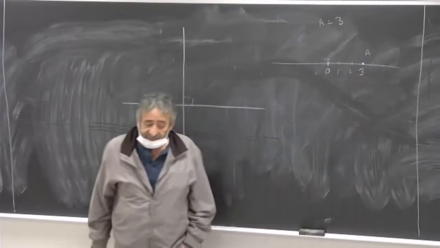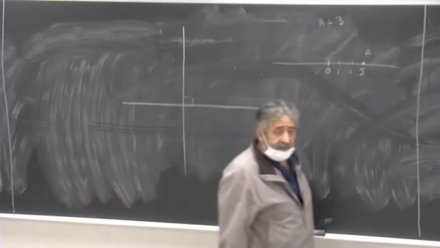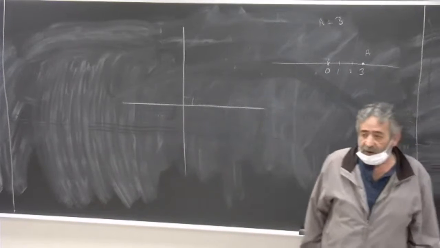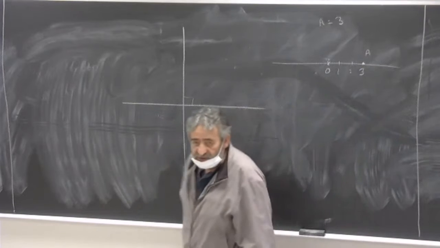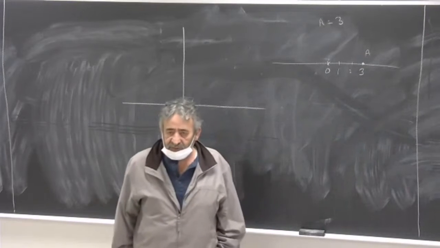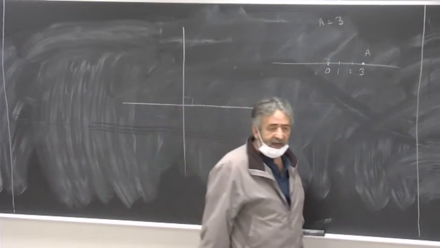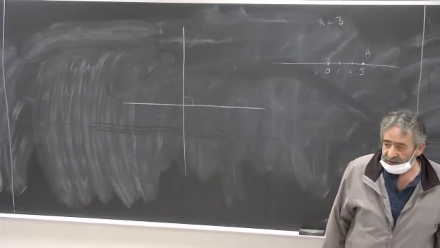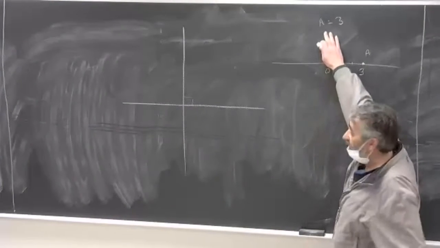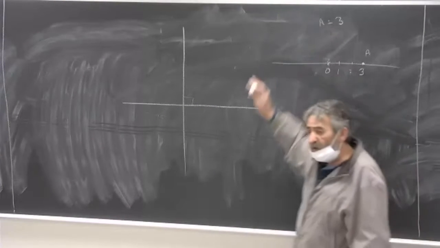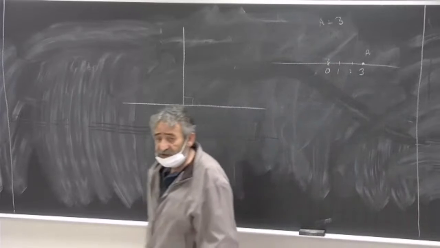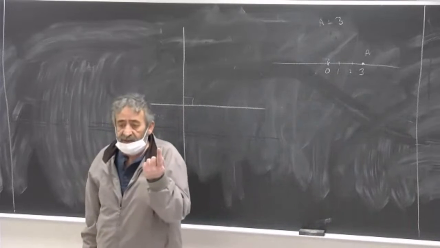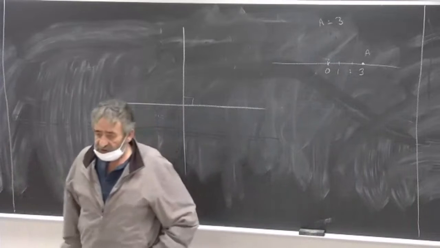So we're looking at the location of A in one dimension. That's why, when we were looking at it in one dimension, we only have one value, because that's one dimension.